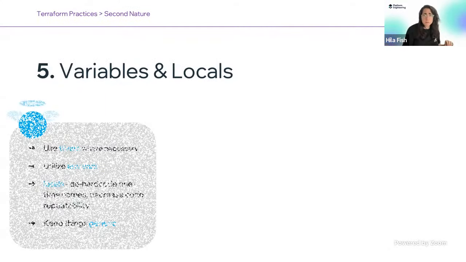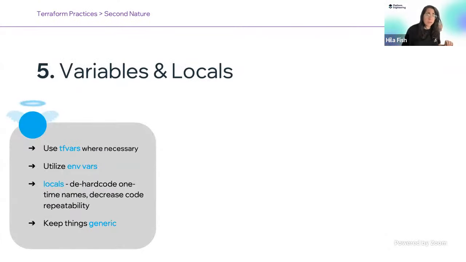So the good thing about variables and locals is that you can use diff values whenever necessary. You can utilize environment variables because these are basically like built-in variables, and then it prevents the need to add more variables because you can just utilize these and that's it.